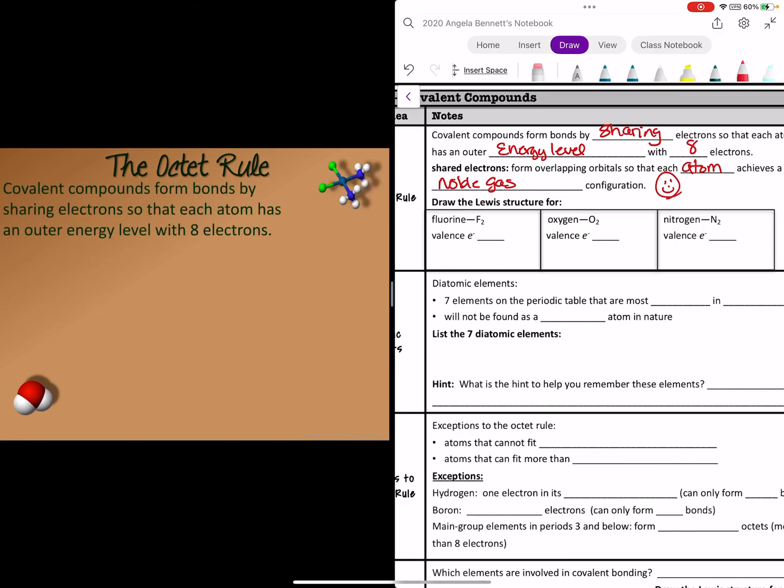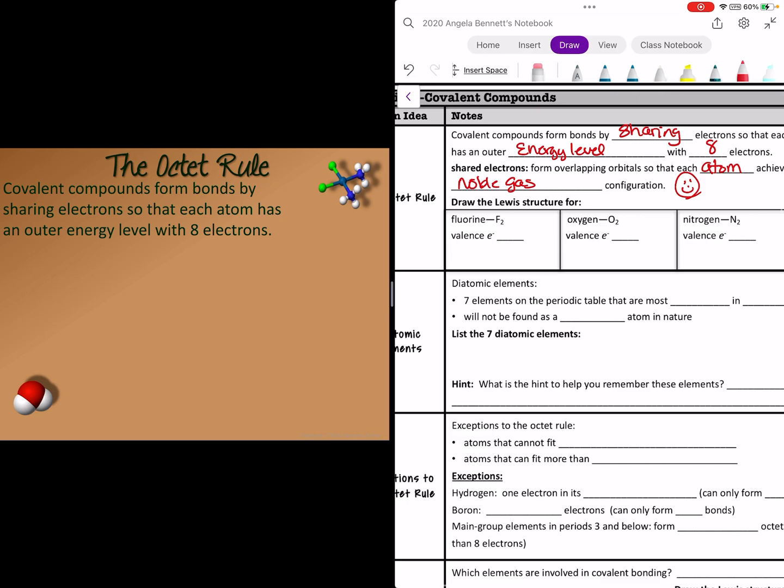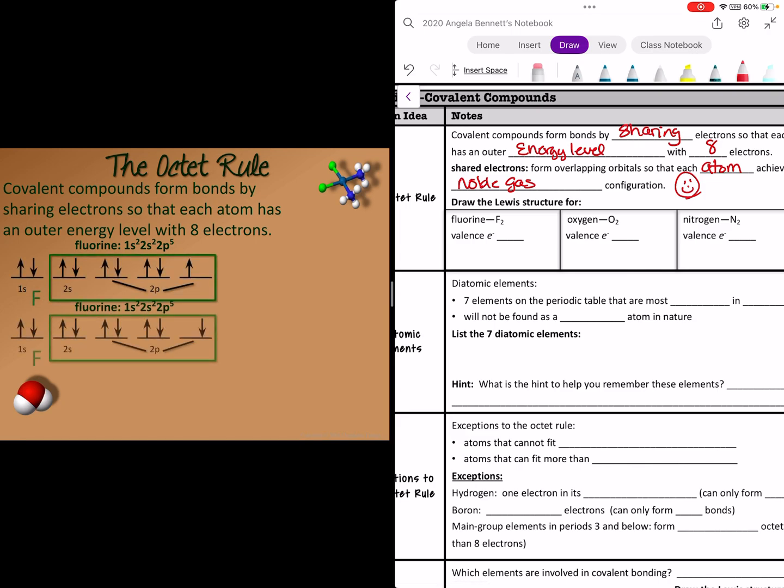Continuing with our octet rule, we need to draw the Lewis structures for these on the paper. We have fluorine, which occurs as an F2 molecule. Each fluorine is in group 7, so they have 7 valence electrons, and the electron configuration is 1s2, 2s2, 2p5.